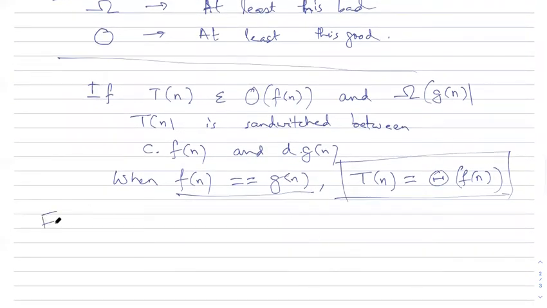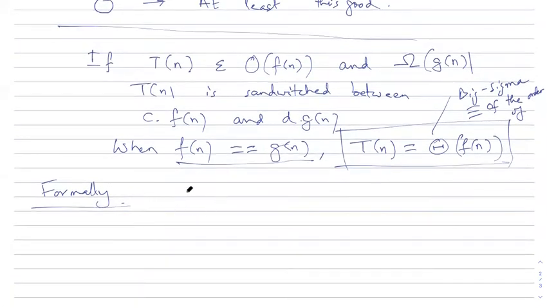Formally, this is the order. So this big theta is the measure of the time complexity of an algorithm, another way of saying of the order of.